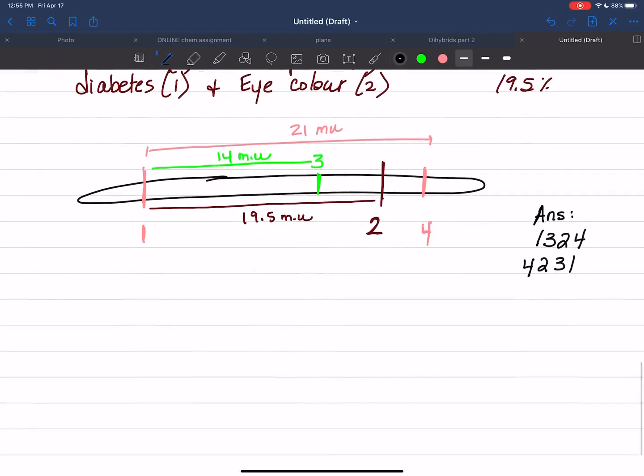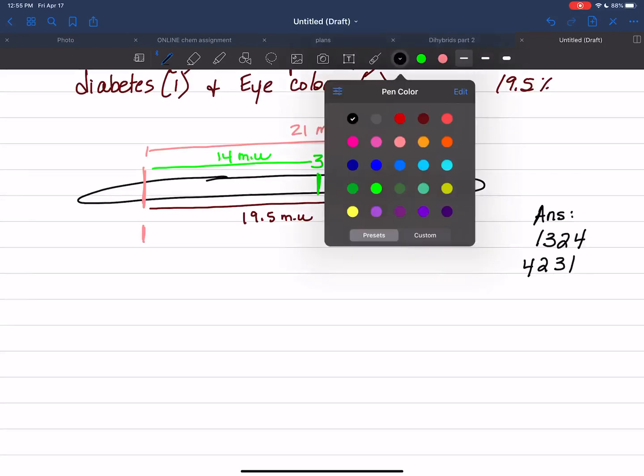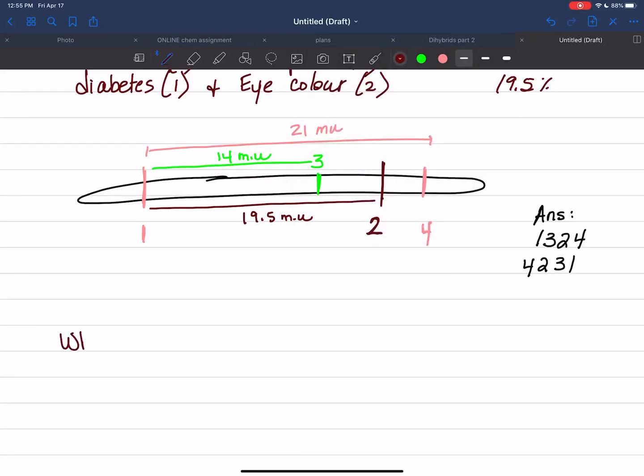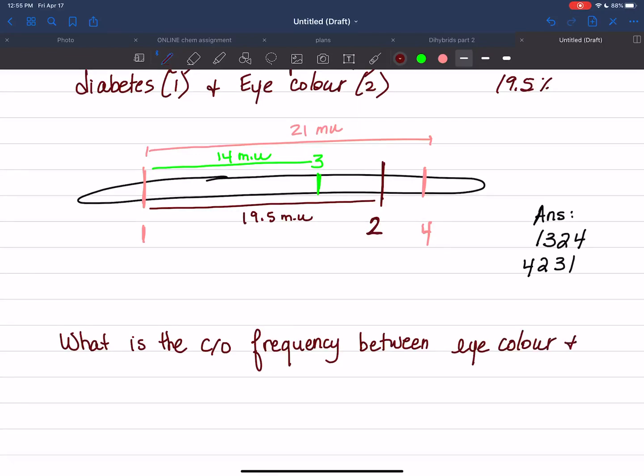And then as a last question, another thing that I could ask as a diploma, as a multiple choice, what is the crossover frequency between eye color and hemophilia?